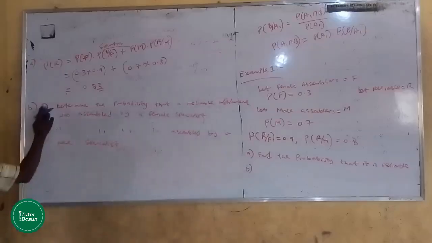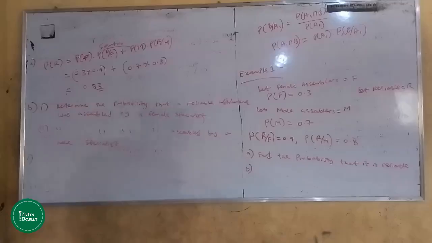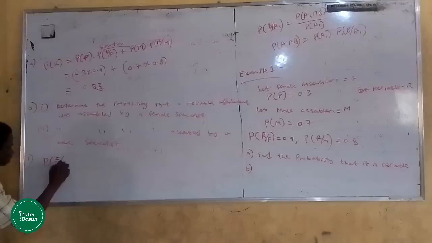So for the first one, for I, that will be the probability that it was assembled by a female, given that it is reliable. So that's where Bayes' theorem comes in.